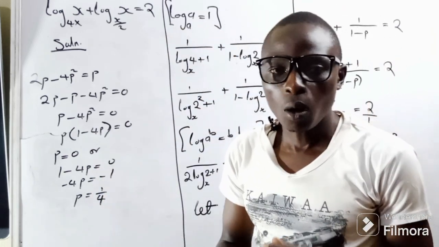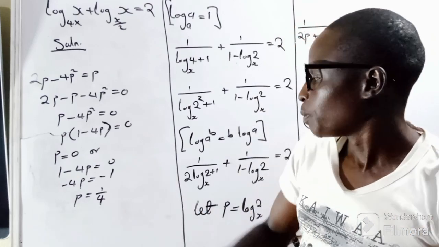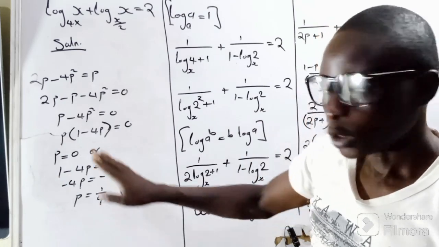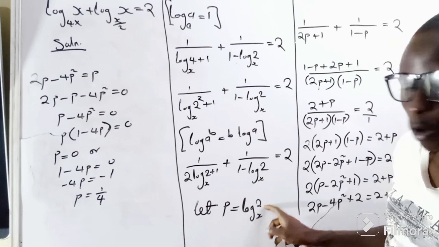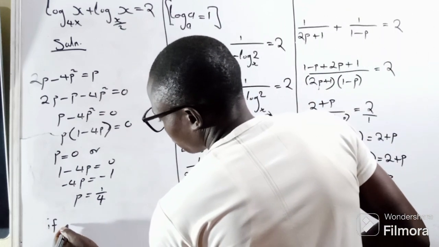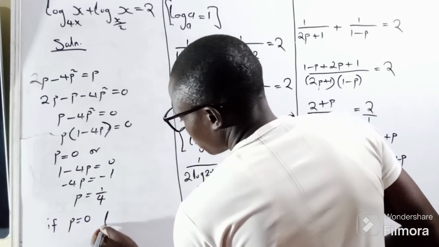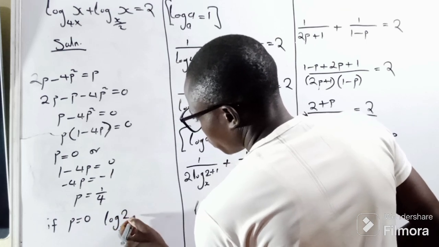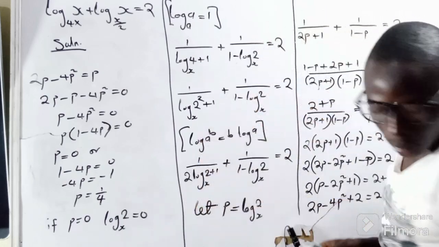But remember, what we are asked to find is the value of x and not p. So at a particular point, I let p be equal to log to base x of 2. So if that is the case, then if p is equal to 0, that means log to base x of 2 is equal to 0.